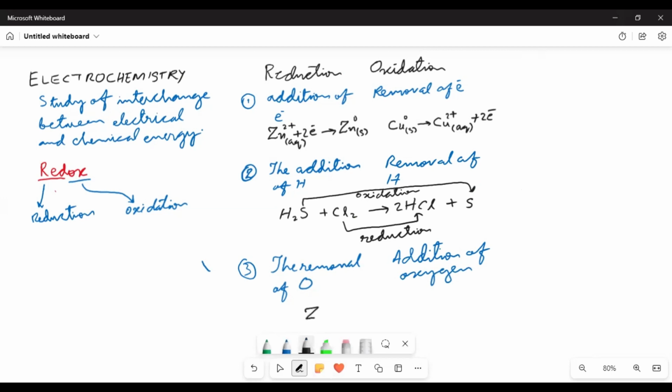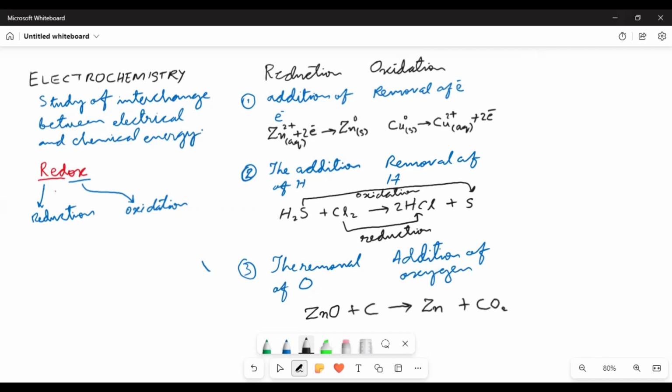For example, zinc oxide can be reduced by carbon to produce zinc metal and carbon dioxide. This is one of the ways to get pure zinc; extraction of metal, it is one of the methods, and carbon dioxide is produced.